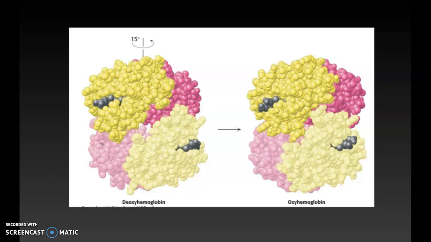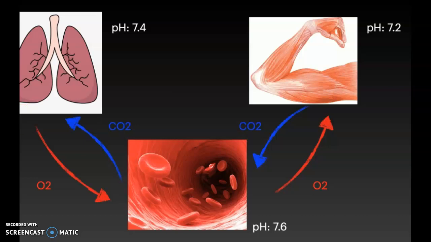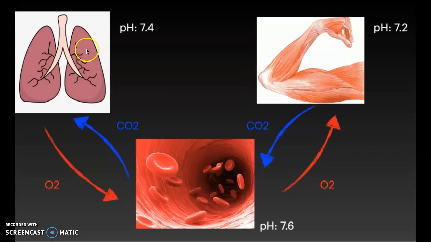So next we need to talk about carbon dioxide and its impact on oxygen transport. So here we have our lungs with a pH of 7.4, and our red blood cells travel through the bloodstream, and they're oxygenated because the lungs oxygenate them, and travel through the bloodstream to the muscles.